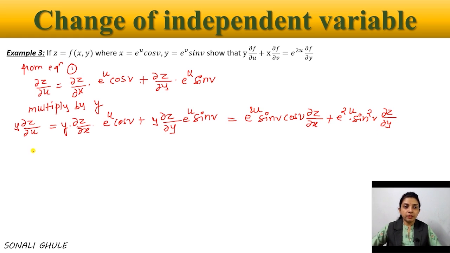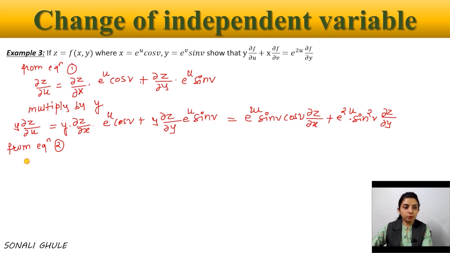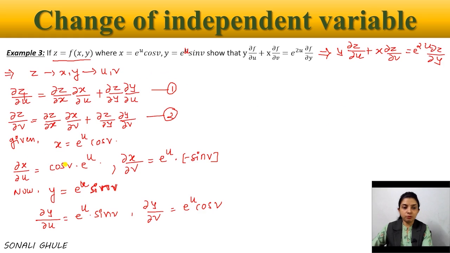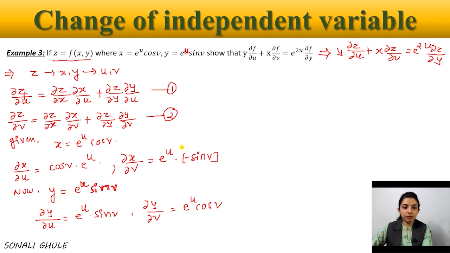Similarly, now using equation 2. From equation 2, what can I write? Yes, I can write the derivative of z with respect to v. So here, z with respect to v is equal to z with respect to x and then x with respect to v. What is it?